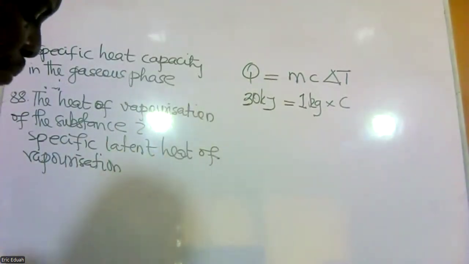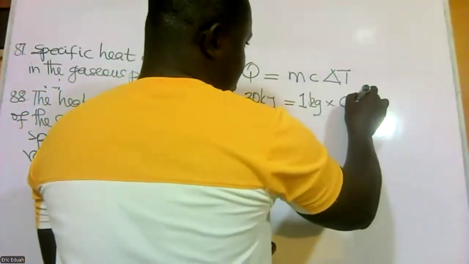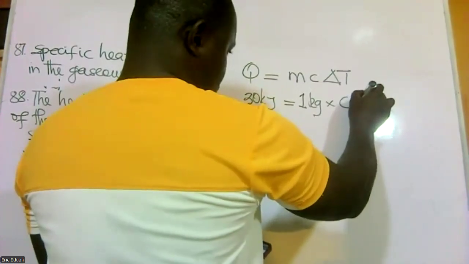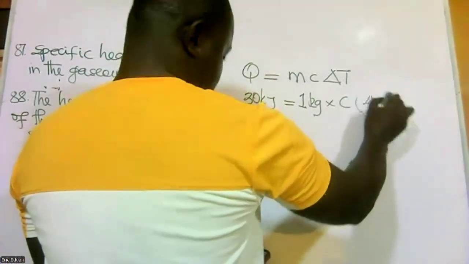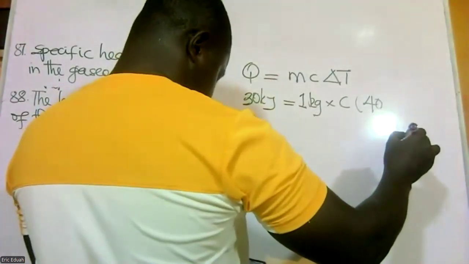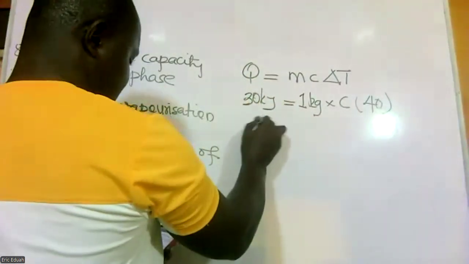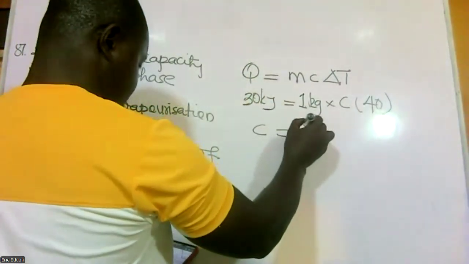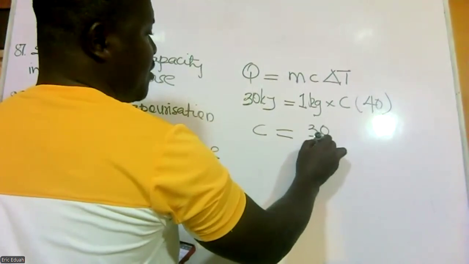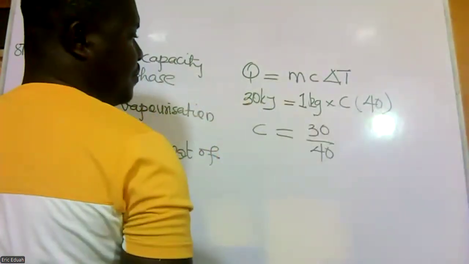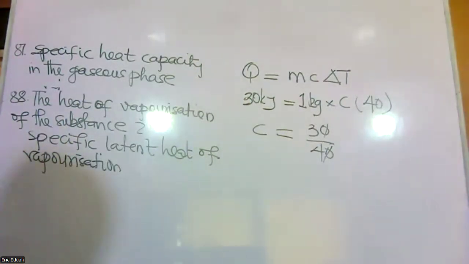And then the change in temperature is 160 minus 120, which is 40 degrees Celsius. Therefore, C is equal to 30 divided by 40. So what is 3 on 4? 0.75.